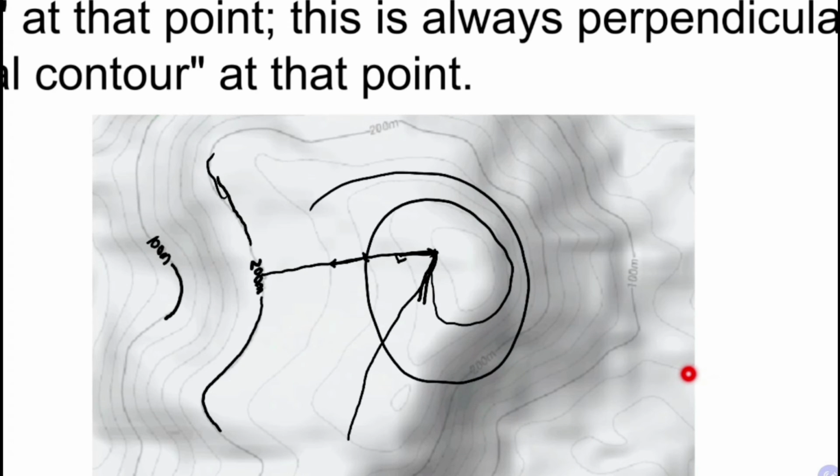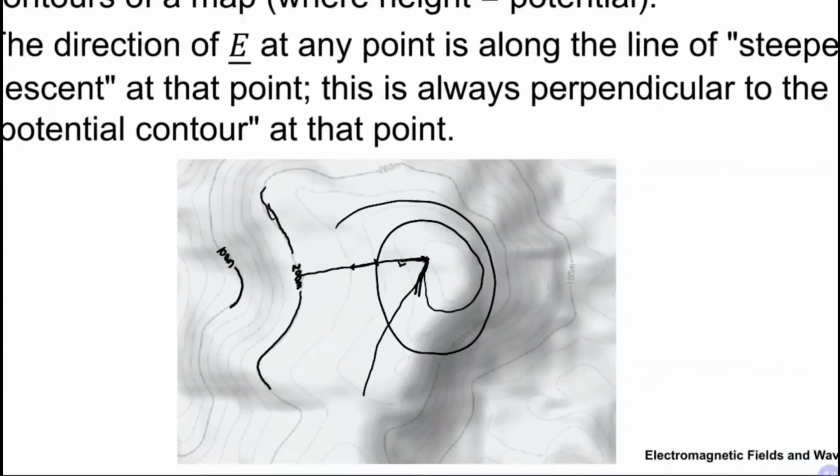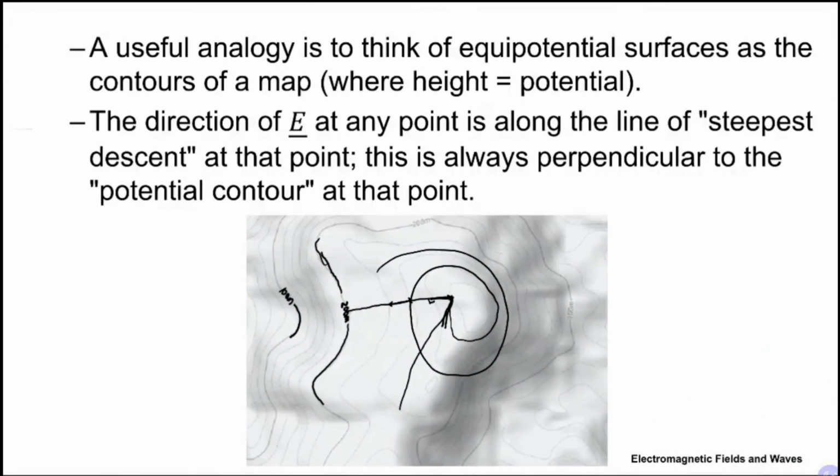But it takes a long time, although the slope is more gentle in that case. So this is just to draw an analogy with our equipotential in the electric field.